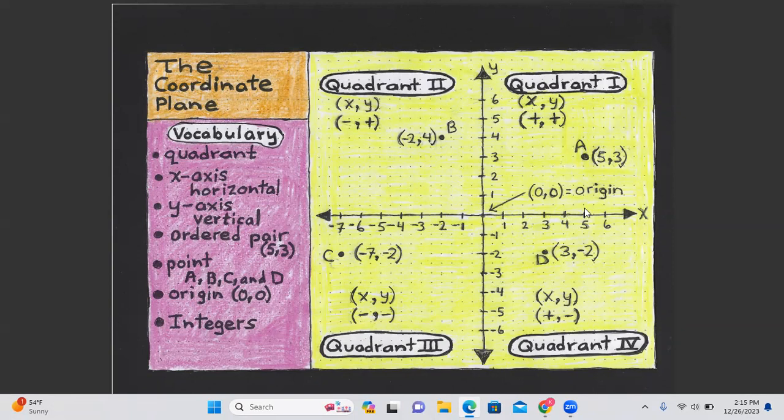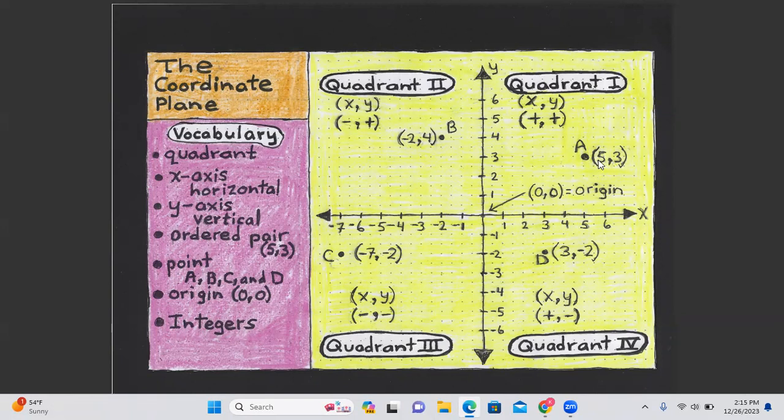Then because y is positive, we're going up 3 units: 1, 2, 3. As you can see, point A is located at (5, 3). (5, 3) is our ordered pair.